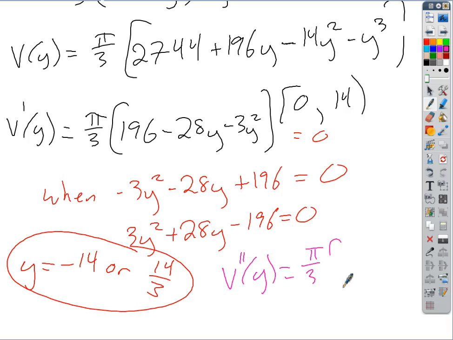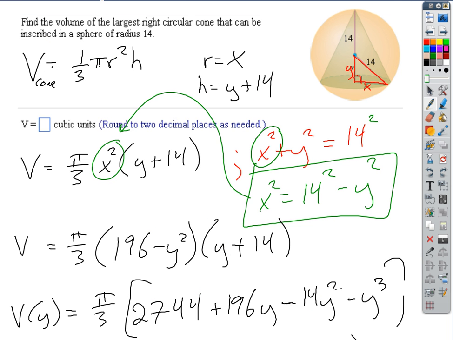Now when we make our table, we got y, not x. Our domain went from 0 up to 14.